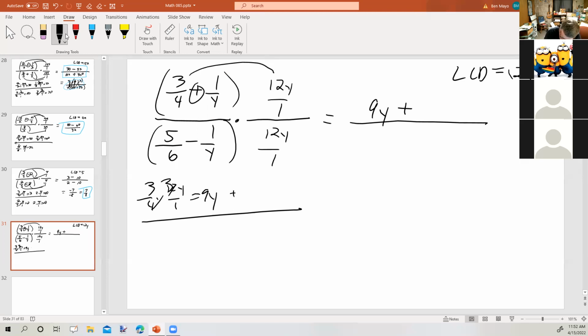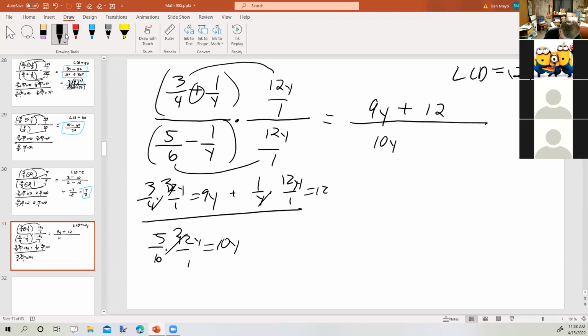Plus 1 over y times 12y over 1, which would be 12, because the y's reduce out. In the denominator, 5/6 times 12y over 1, 12 over 6 is 2, so we get 10y, and then minus 1 over y times 12y over 1, the y is reduced and we get 12.